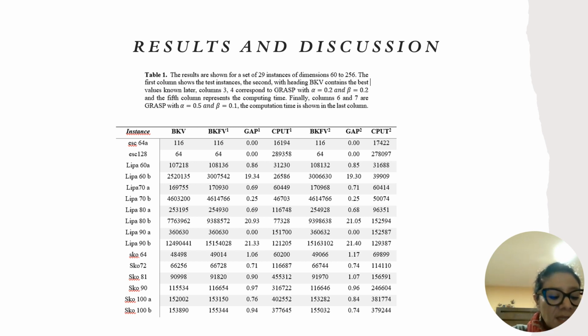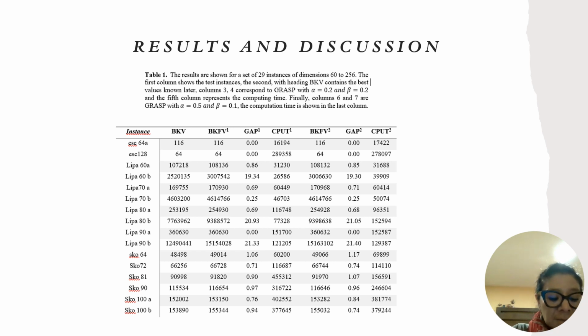The instances that remain with the same error percentage, from 19 to 21, were LIPA 60B, 80B, and 90B. For the 29 instances, it is observed that 72% of the test sets have a gap of 0.